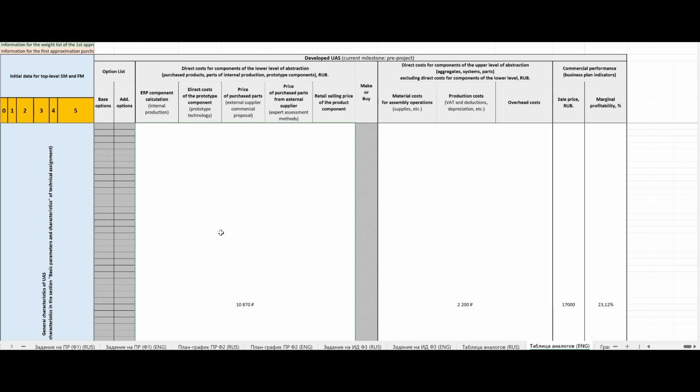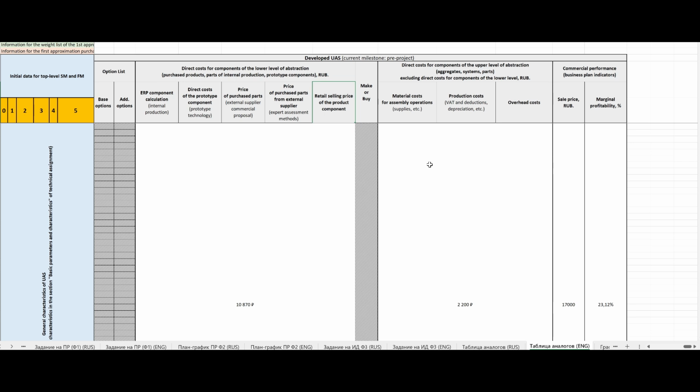The first, calculation for a component from ERP, internal production. Second, direct costs of the prototype component, prototype technology. Third, price of the purchased products, external supplier. The fourth is export price of the purchased products, export assessment methods, and the last, fifth, is the selling price of the component in the retail network.